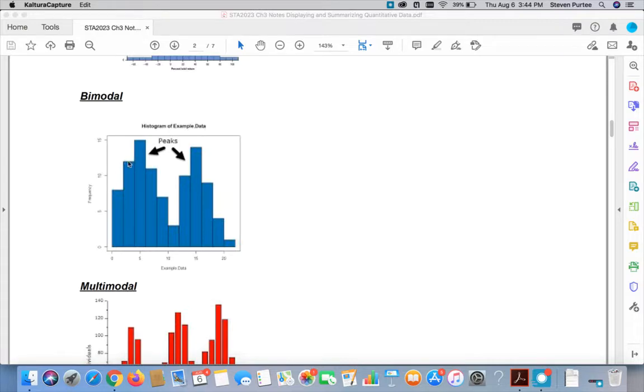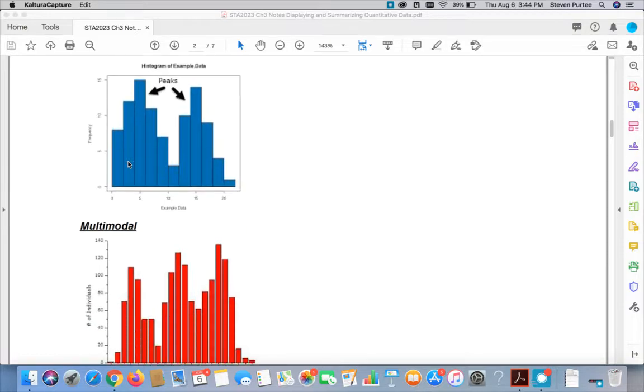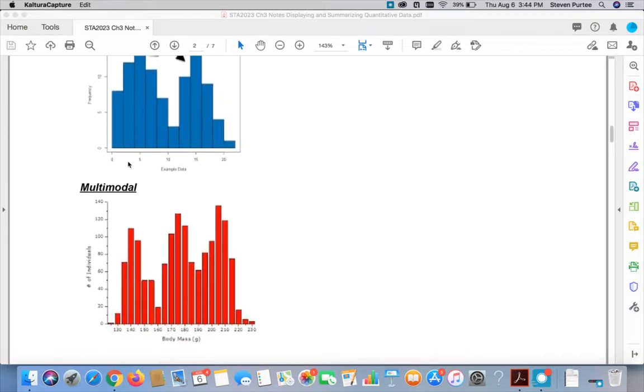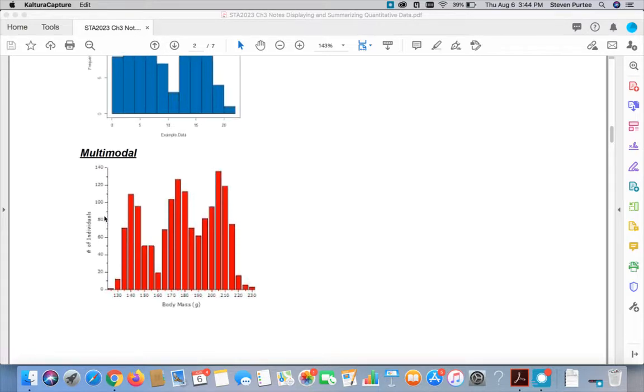And when that happens in the real world, it's probably statistically better to separate those groups out and study them independently. If you have more than two peaks, we don't keep counting. There's no trimodal, quadrimodal. We just call them multimodal. And usually a multimodal distribution means your data is really just scattered all over the place.